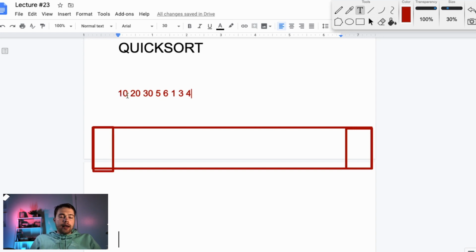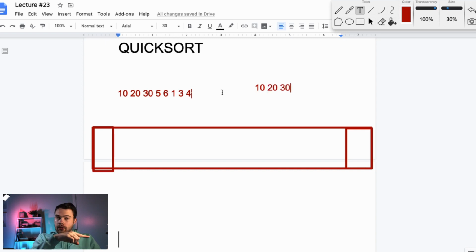Now the idea is this. After the first iteration, this array is going to be transformed in such a way that we're going to have 10, and on the right of 10 will only be the elements which are greater than 10, for example 20, 30.